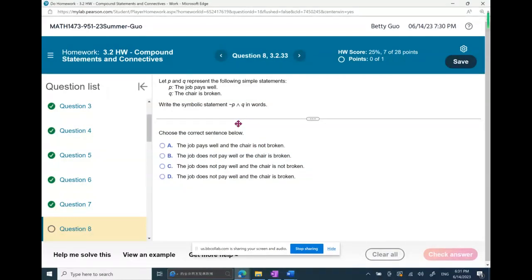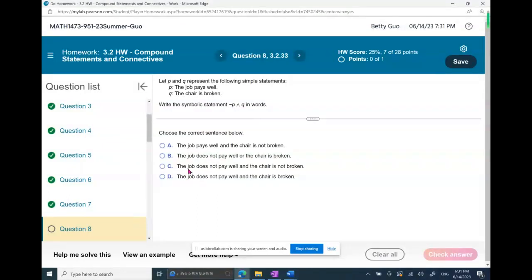Here is a logic expression. You do see the wave sign, and also the and sign, but the structure of the whole compound statement is a conjunction. It is "and". The first component is not P, the second component is Q. So the job does not pay well and the chair is broken.